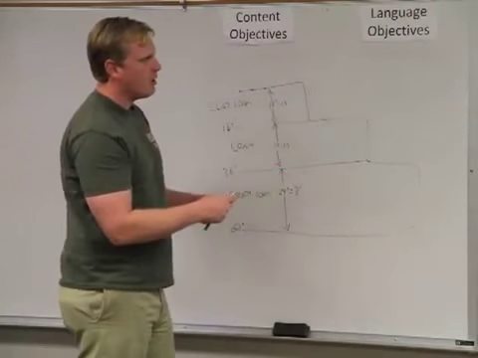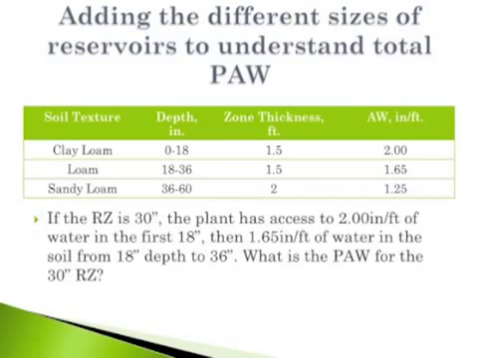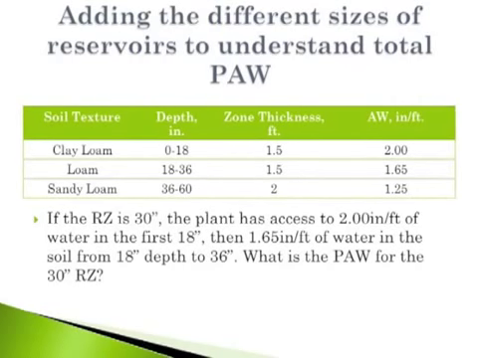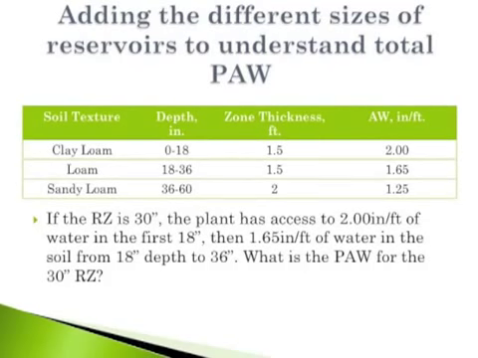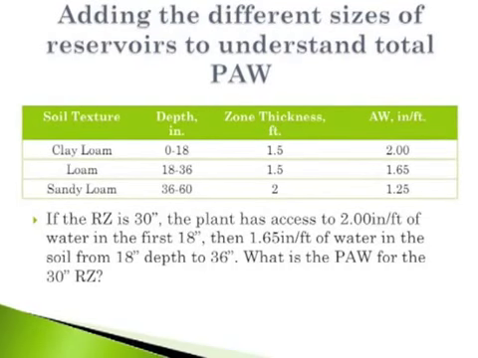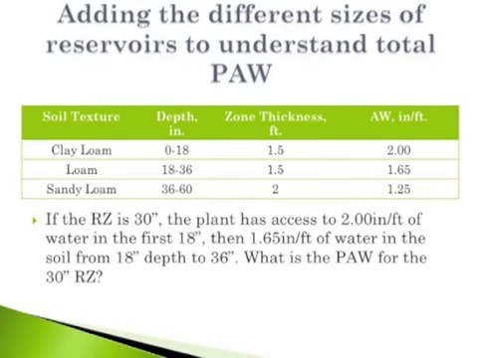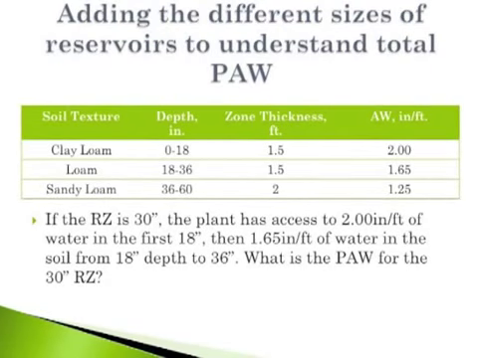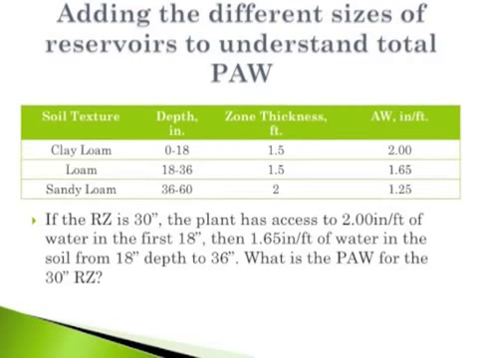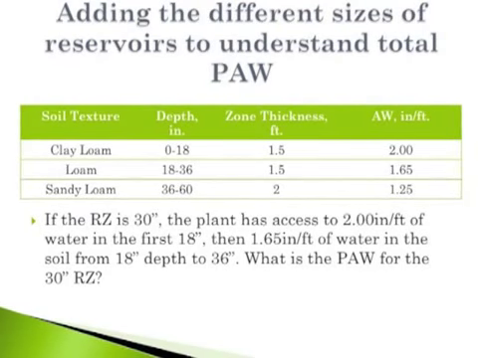Now, why is that important? As you see in the chart here, each soil type has a different available water. So its access to water for the plant in these different soil types changes. And sandy loam has an available water of 1.25 inches per foot.